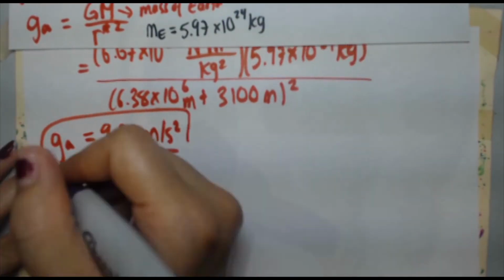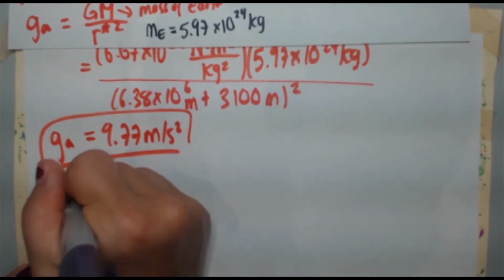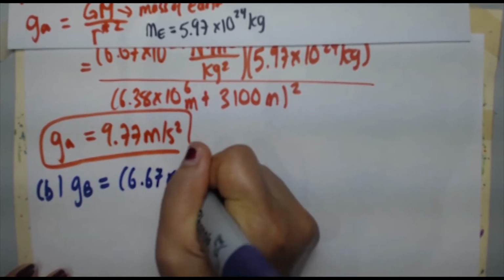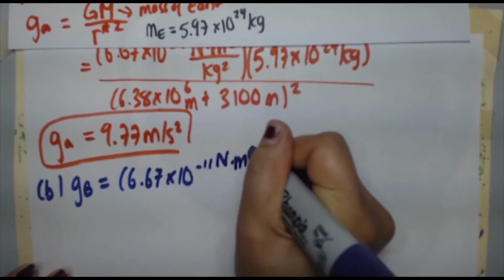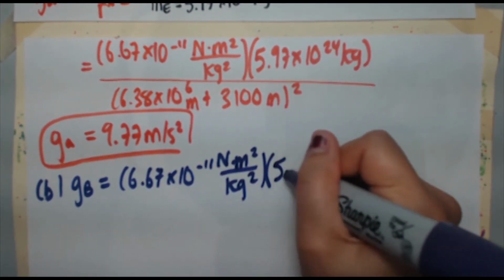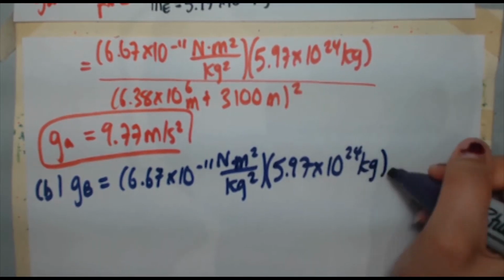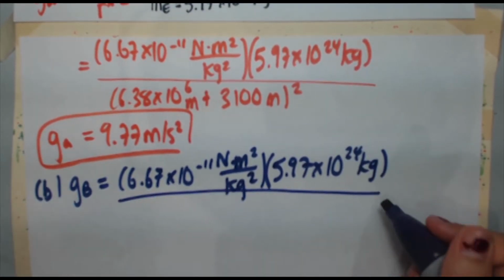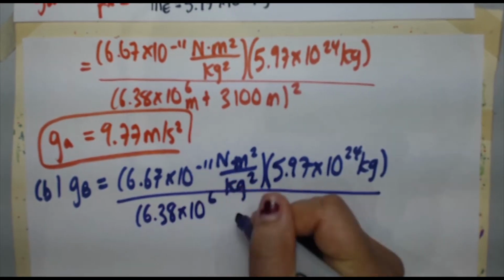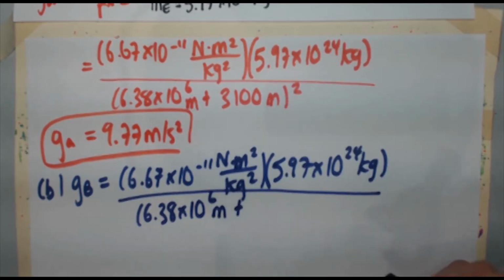Okay, so now part B, we're 3,100 kilometers above the surface. Okay, so g_B is equal to 6.67 times 10 to the minus 11 Newton meters squared per kilogram squared times the mass of the Earth, same thing, 5.97 times 10 to the 24 kilograms divided by the distance squared. So again, it's the radius of the Earth plus that extra distance, 6.38 times 10 to the 6 meters plus, now 3,100 kilometers.